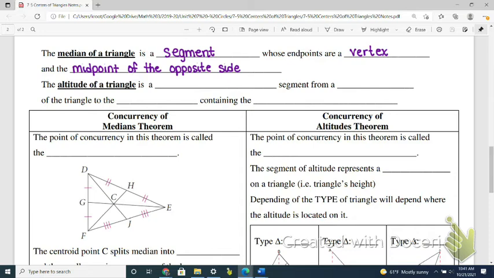The altitude of a triangle, and we've had this before, is the perpendicular segment from a vertex of the triangle to the line containing the opposite side.